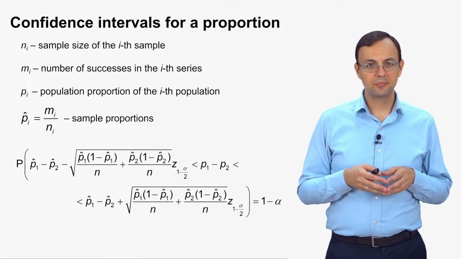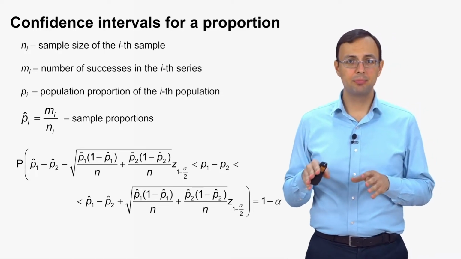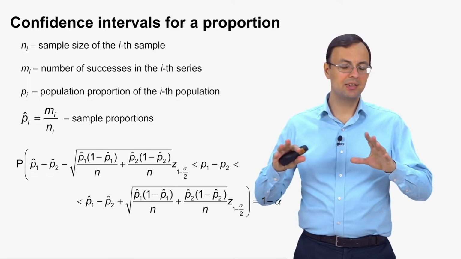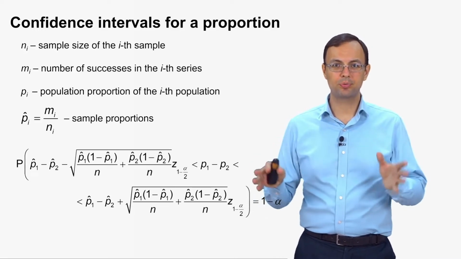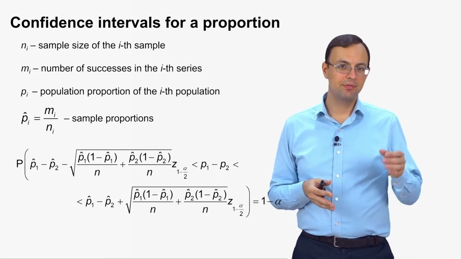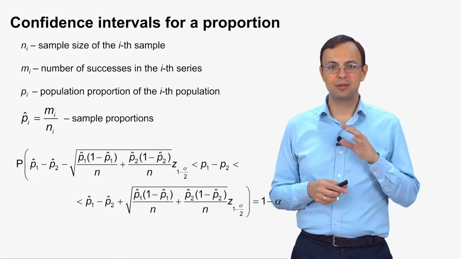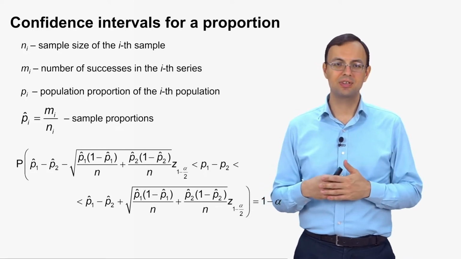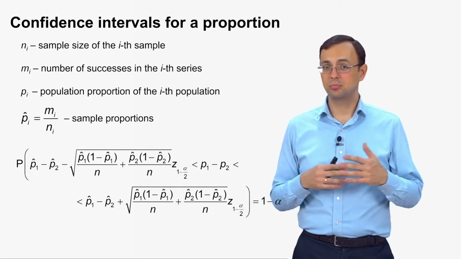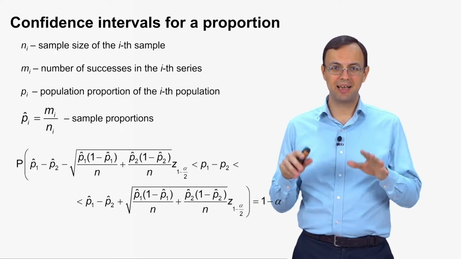So the cases I have shown you are the most common. They cover, I would say, 99% of all problems of interval estimation. Even without any knowledge about how to derive a formula for the confidence interval, you can solve many problems we meet in real life just by applying these formulas.